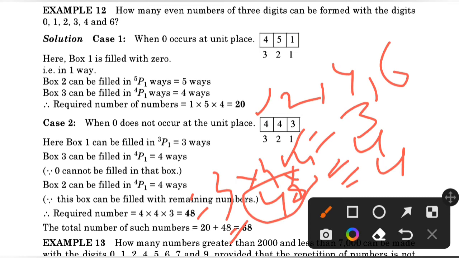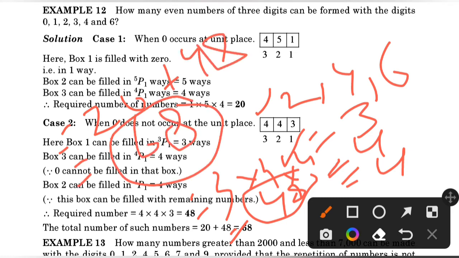And there are 48 ways to fill these boxes when 0 does not occur at the unit place. Now by using the addition rule, we can write 20 plus 48, which equals 68. So in 68 different ways, we can form 3 digit even numbers using the given 6 digits.